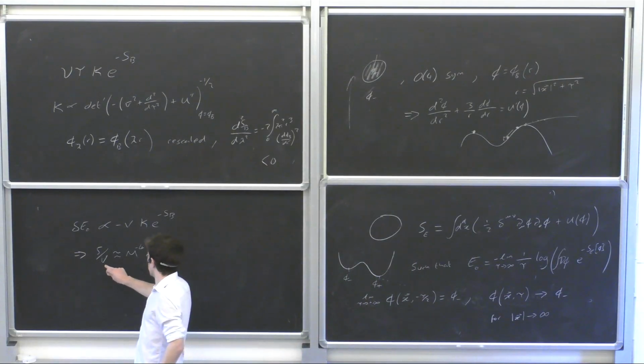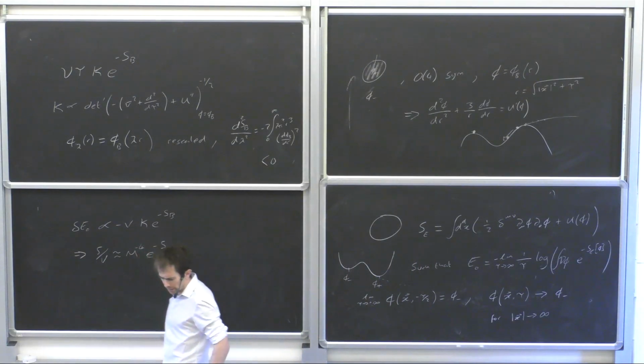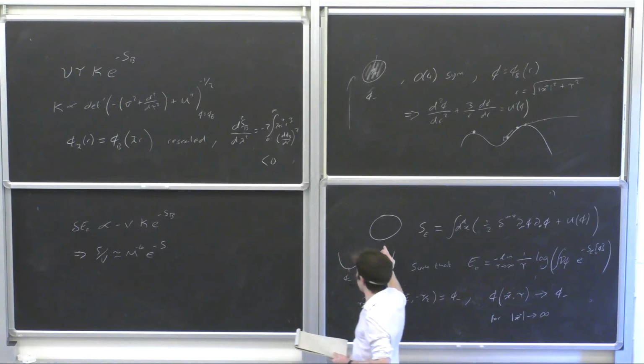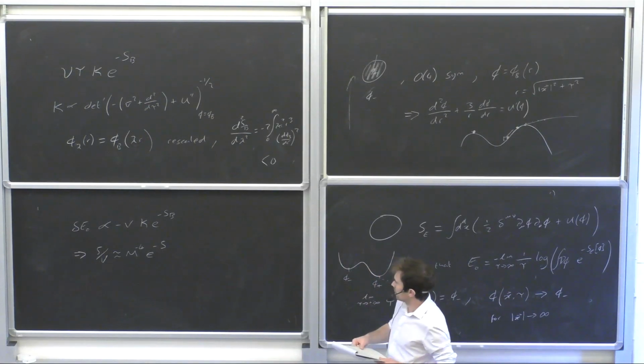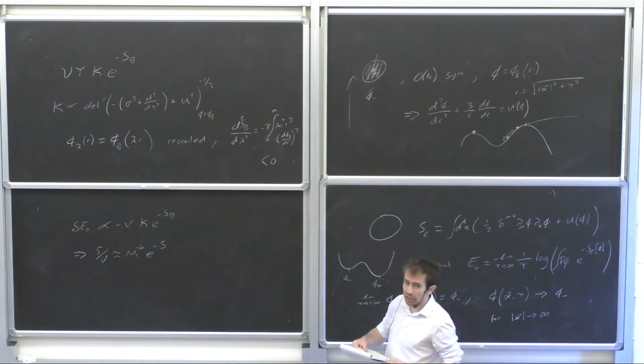And maybe not surprisingly, this factor of volume turns out that the rate of nucleation of these critical bubbles is, well, what we actually care about is the rate per unit volume.